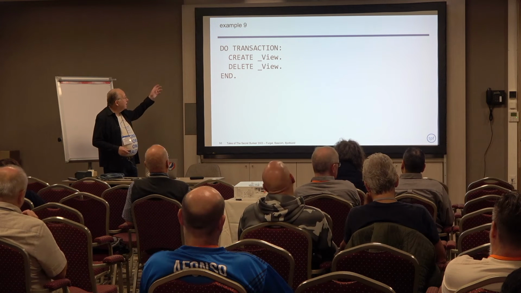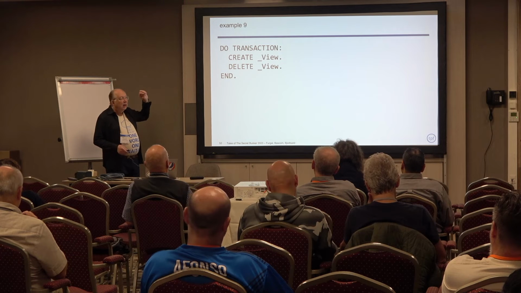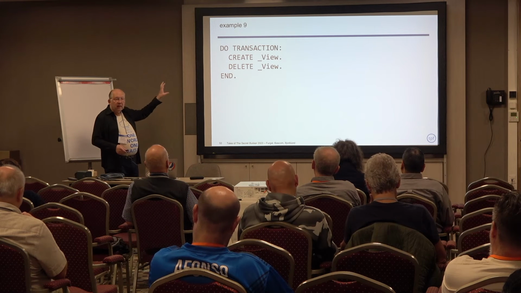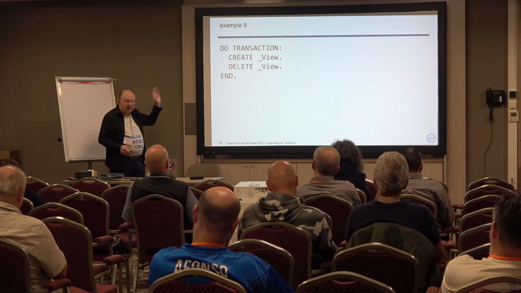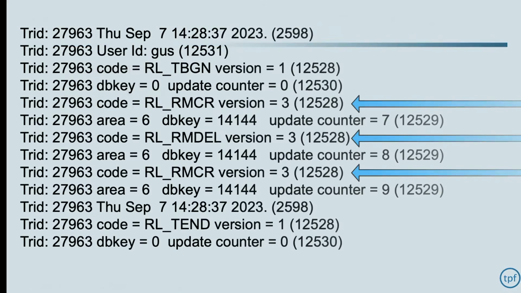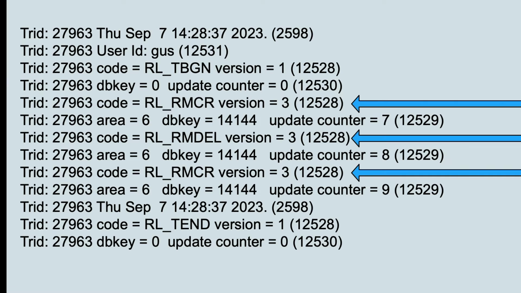Remember that in the earlier example, the create and the delete with no other operations all got optimized away and we got nothing. But because it's a schema table, that doesn't happen. Schema tables are handled in a different way from ordinary records. So the optimization doesn't happen.